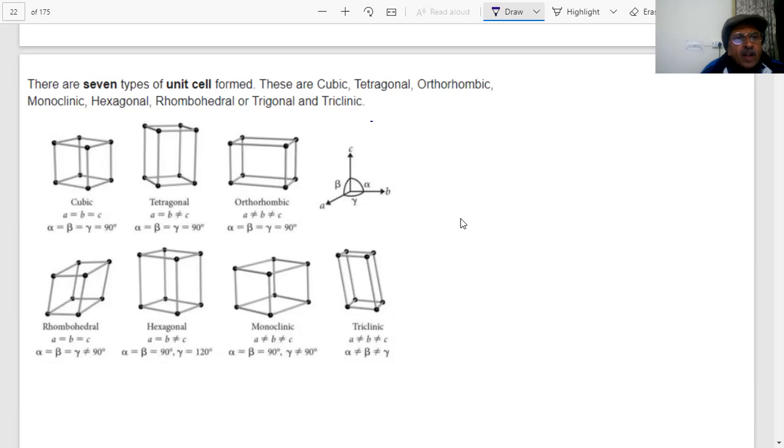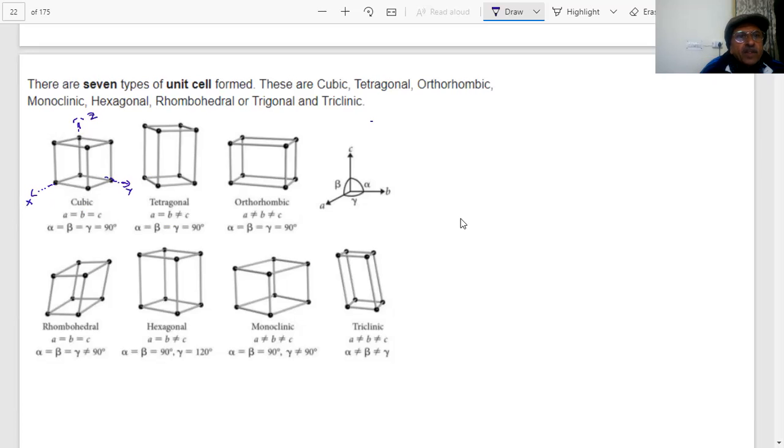So tell me, what are the edges? a is equal to b is equal to c, and the three angles, alpha, beta, gamma, are 90 degrees. I mean, they are perpendicular to each other. These are the 3 axes: this is your x-axis, this is your y, and this is your z-axis.